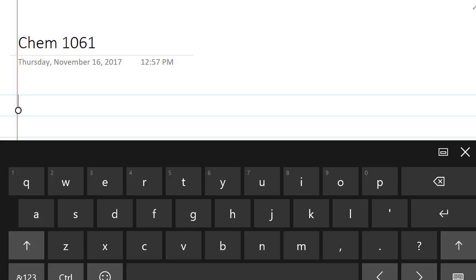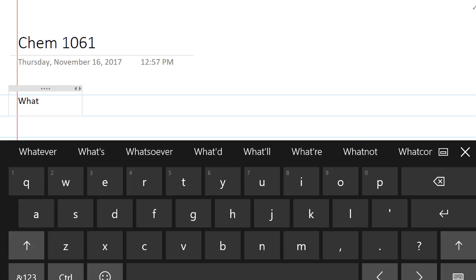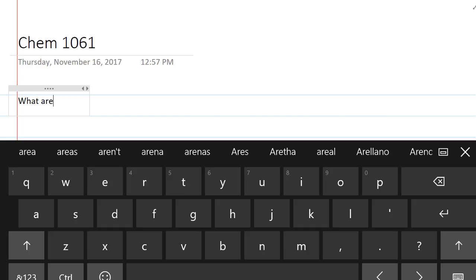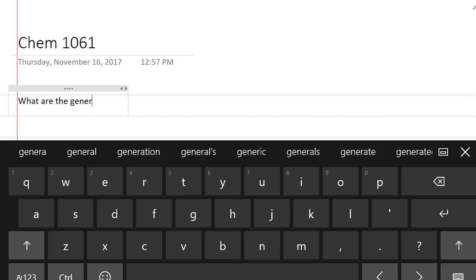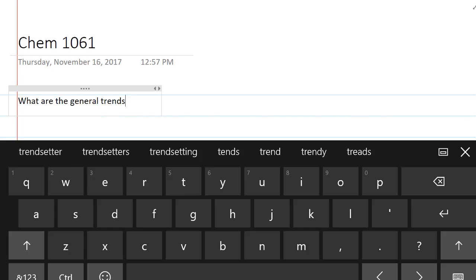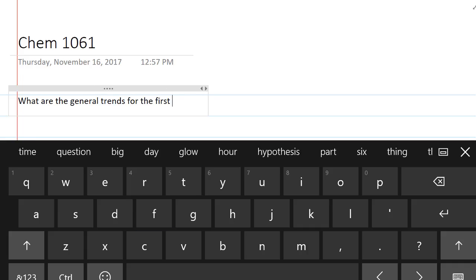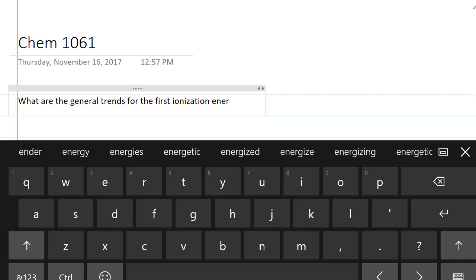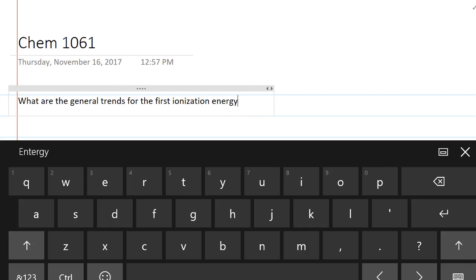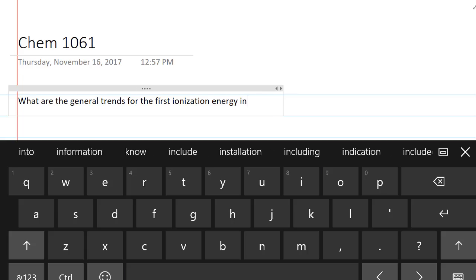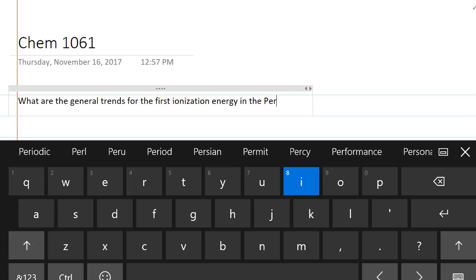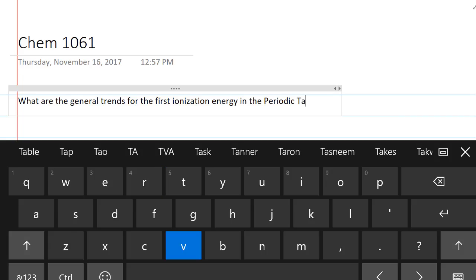What are the general trends for the first ionization energy in the periodic table? So that would be the first question.